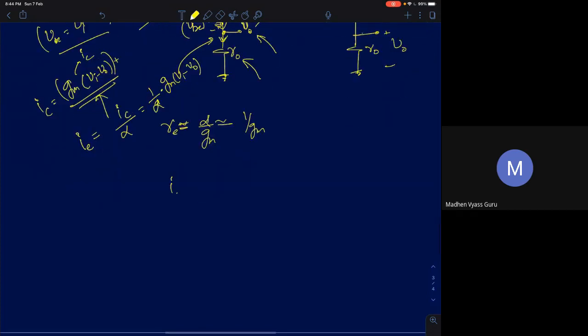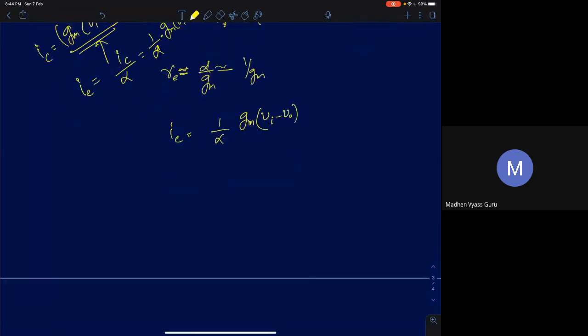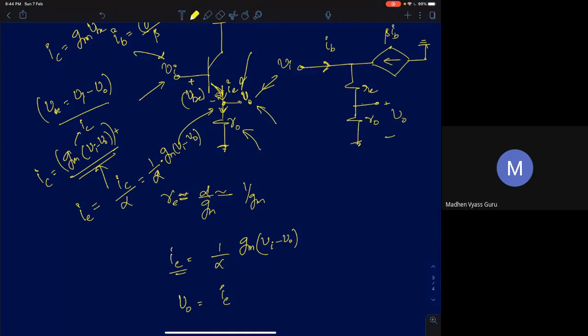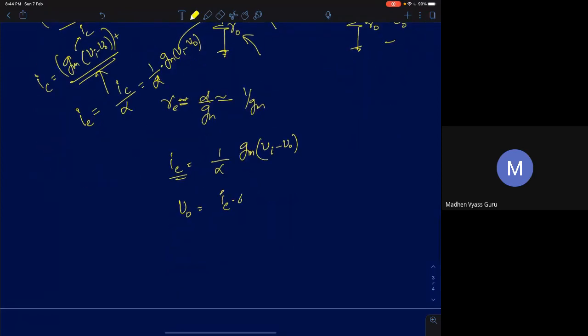So that's your emitter current. Your output voltage is simply IE into R0, because emitter current is flowing into R0. So your output voltage is GM by alpha into R0 into Vi minus V0.